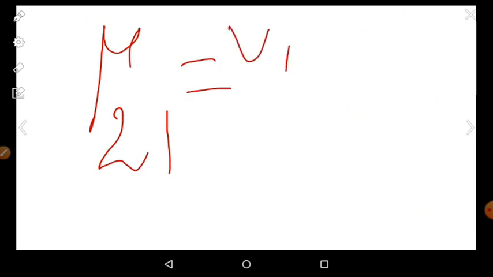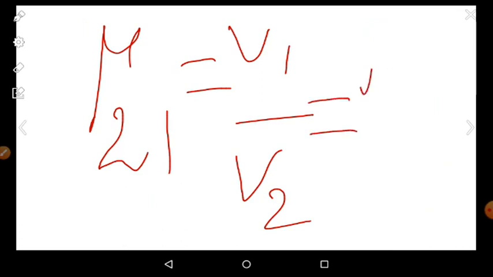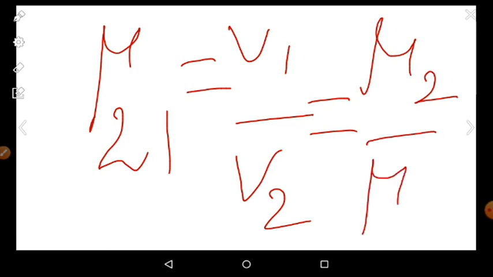So the refractive index of the second material with respect to the first material is equal to V1 divided by V2, or in terms of individual refractive indices, mu 2 divided by mu 1.